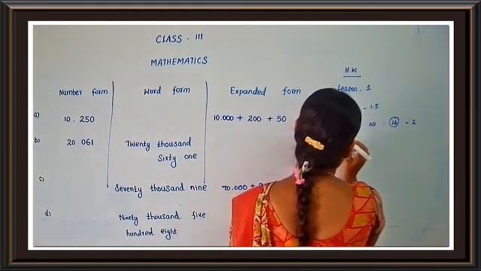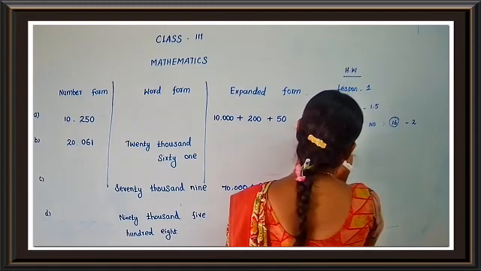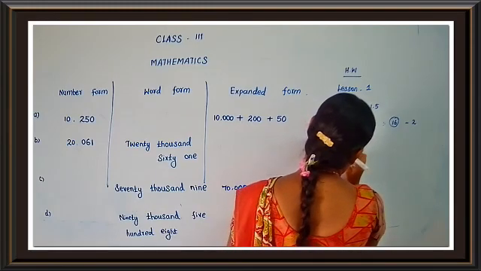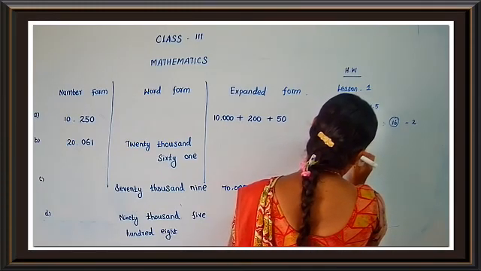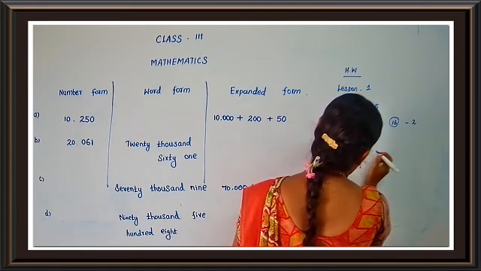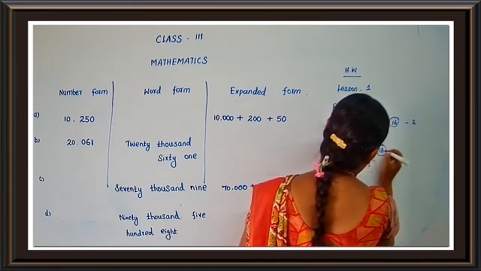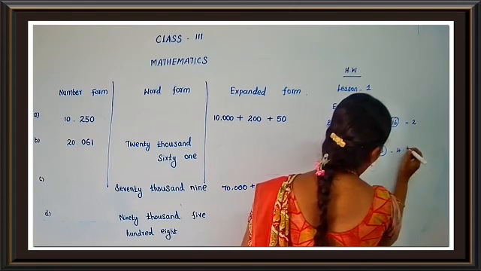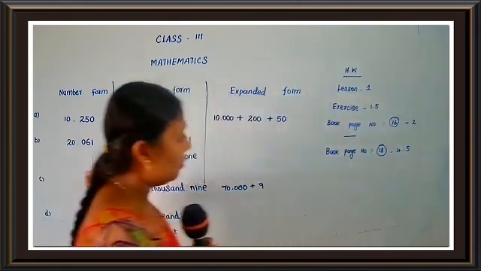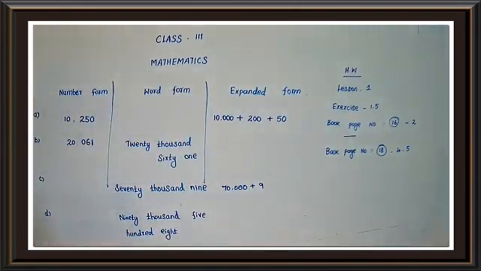Book page number 18, 4 and 5. Today's homework: you take a math homework note and write the heading. Okay? Fourth one heading.